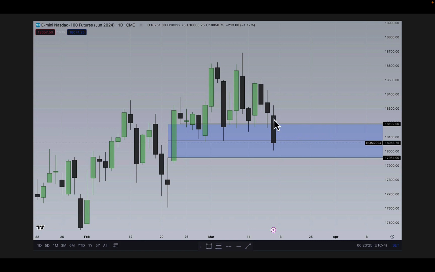Okay, we do have a volume imbalance here. We have our order block here that we can look at. I want to see, does price move forward to fill in this entire gap here, move into this volume imbalance here, and then potentially we see what we get from there. But I want to see how we act here.